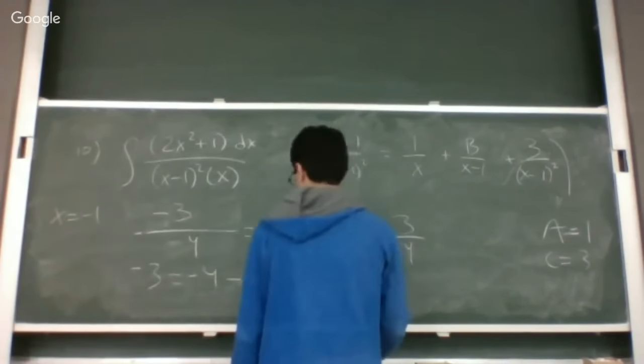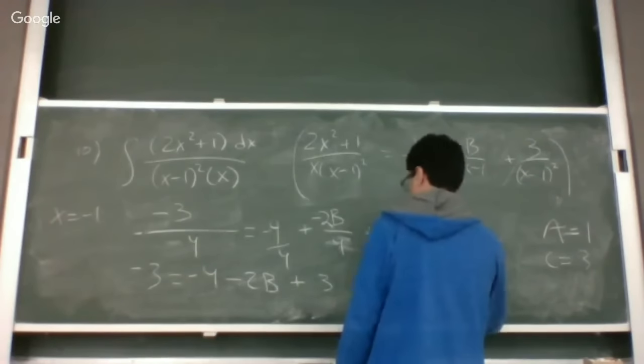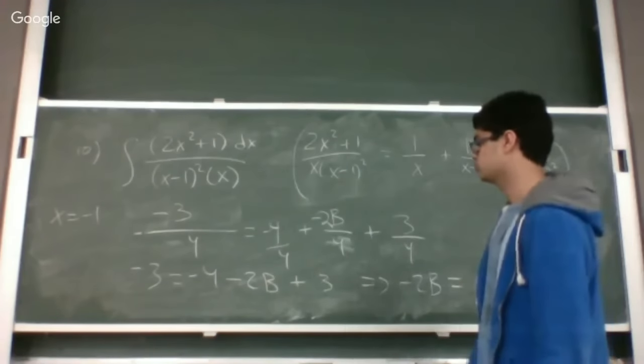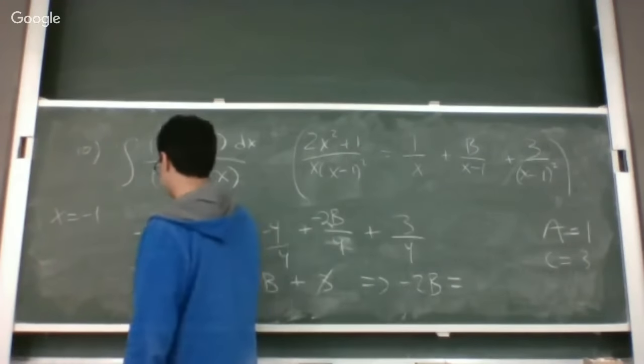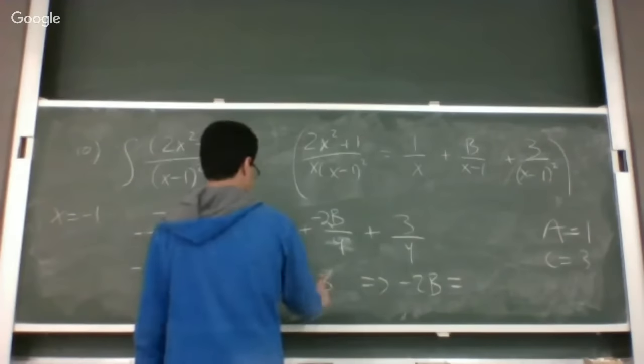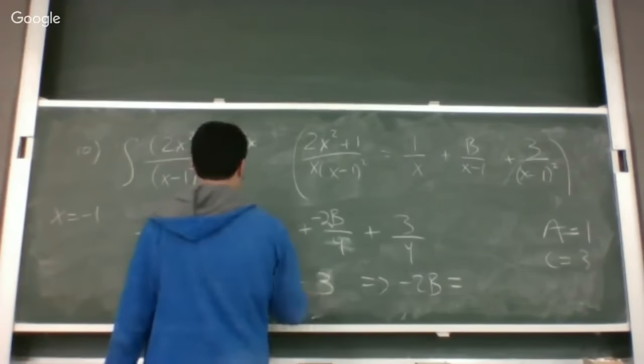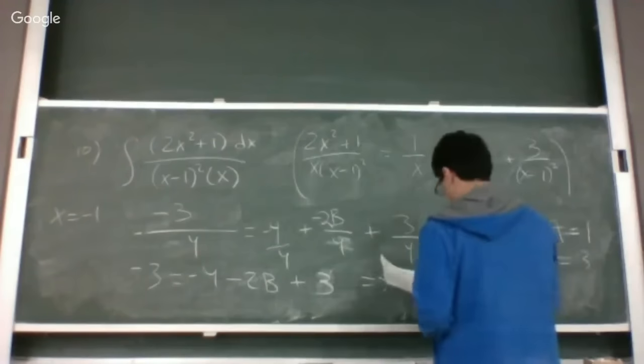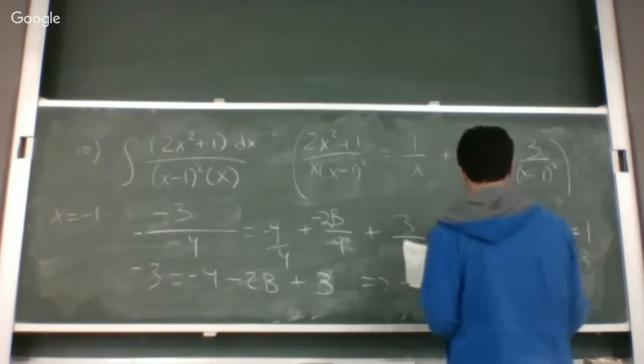Therefore, negative 2b is equal to, by bringing everything to the other side, that does not cross out. We have a minus 6 plus a 4, a minus 2. So therefore, b is equal to a 1.